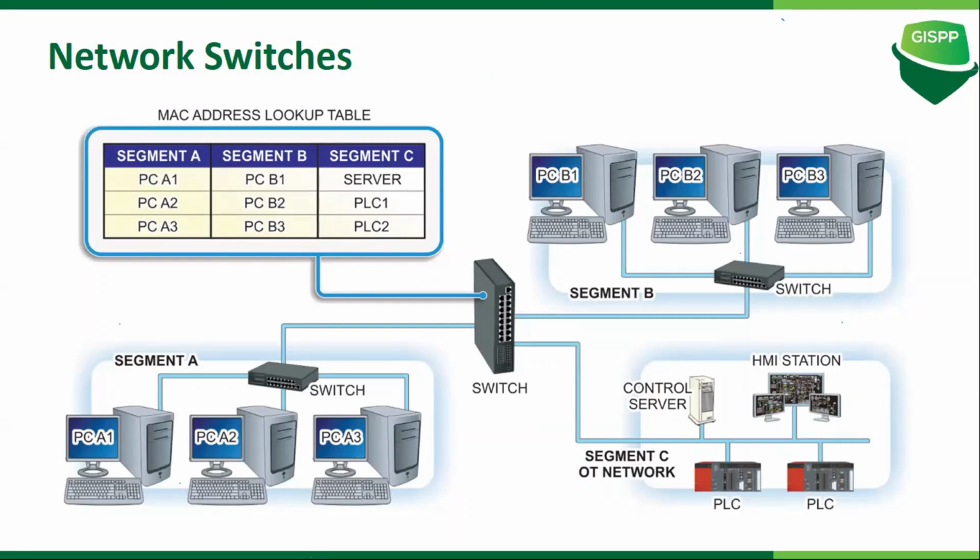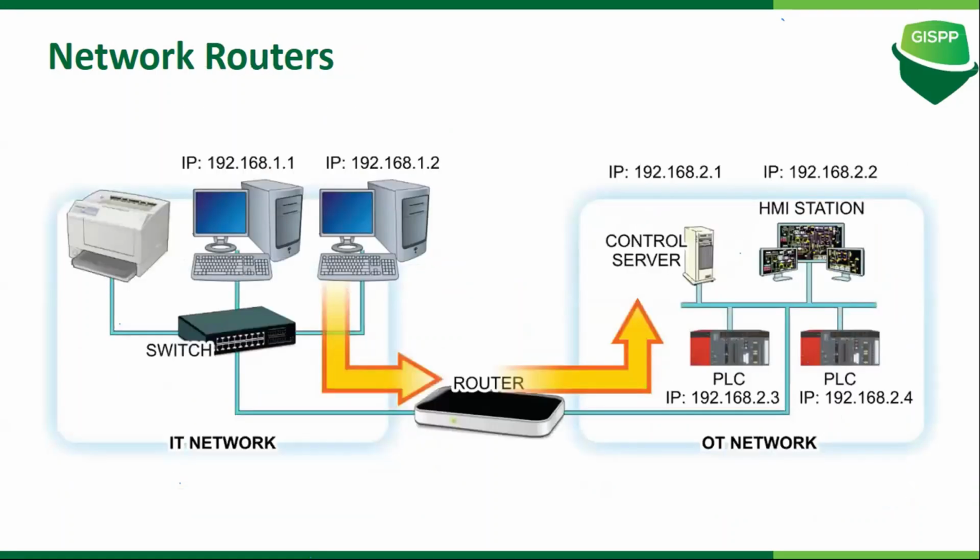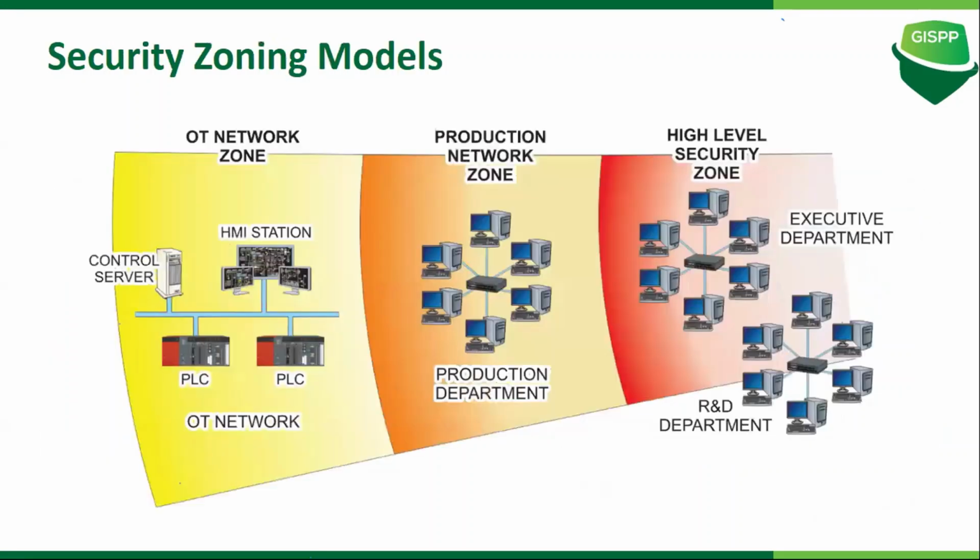And here we say that we have a proxy as well. We have a firewall as well. That you see here, the IT network switch, getting from a certain segment, taking the data, sending it to the control server in the OT network.